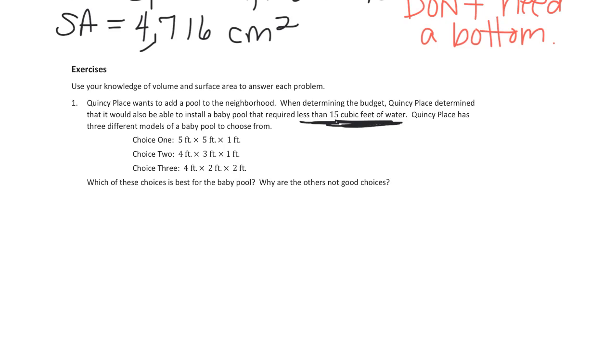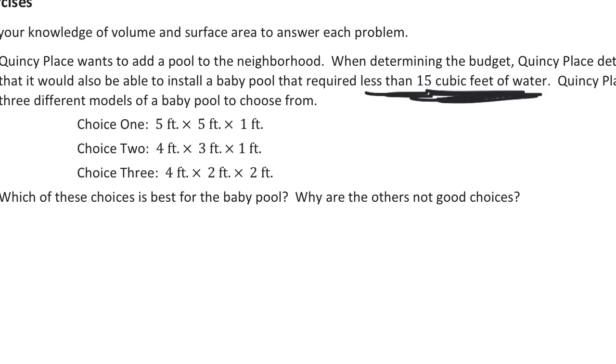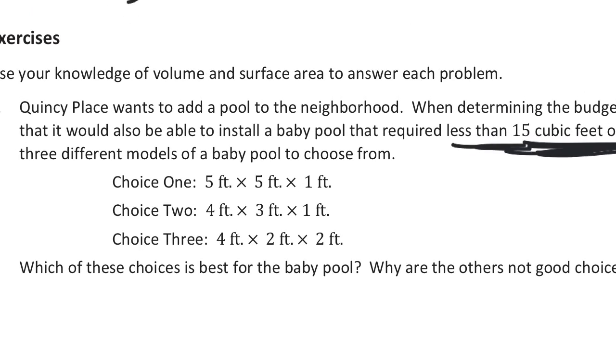So if it's cubic feet, that must mean it's volume. So volume, length times width times height. So I go to the first one, 5 times 5 times 1, 25 feet cubed. The next one is 4 times 3 times 1. So 4 times 3 is 12 times 1 is 12.